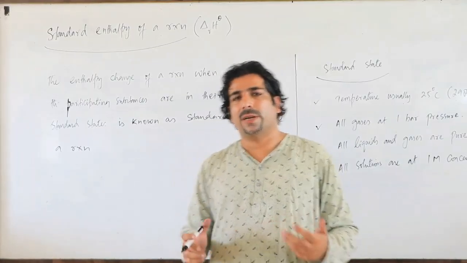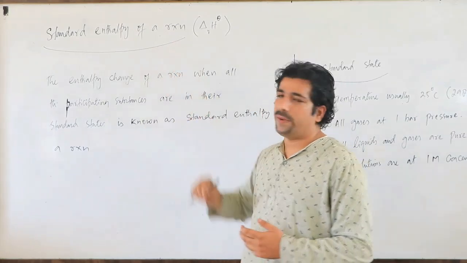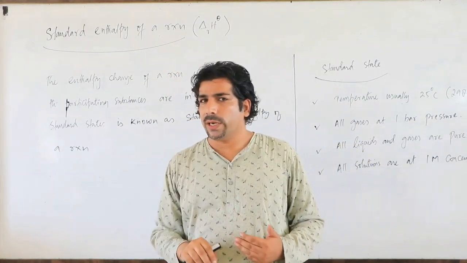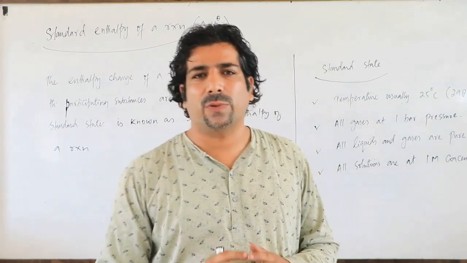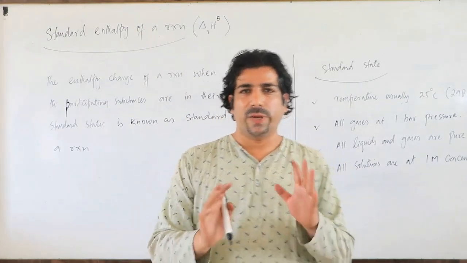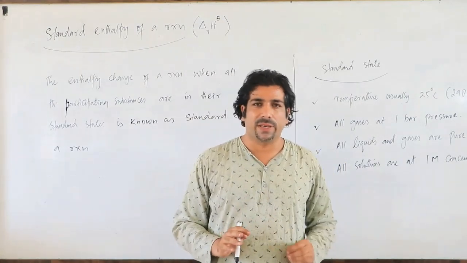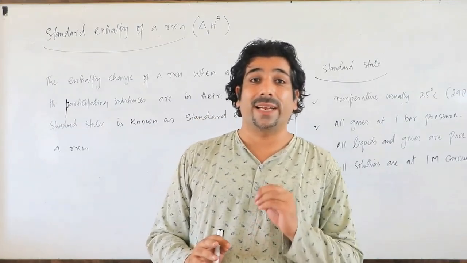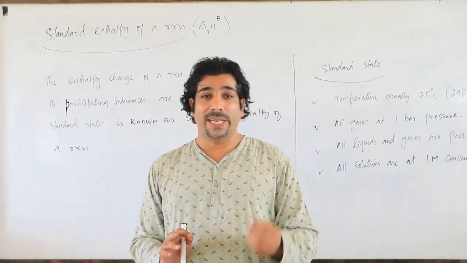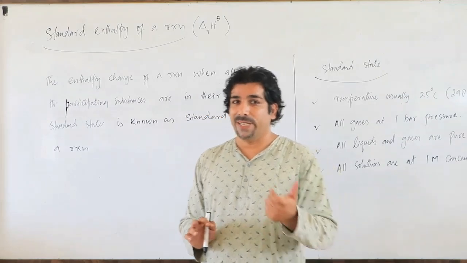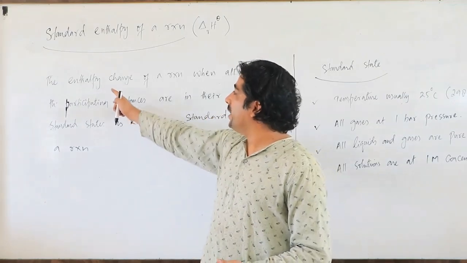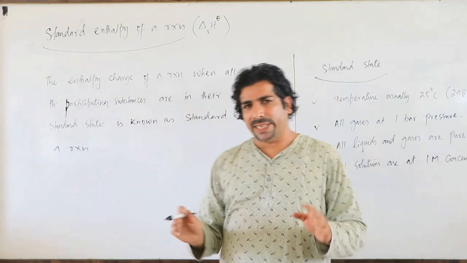Dear friends, let's talk now about the standard enthalpy of a reaction. Usually we were talking about the enthalpy of a reaction, that was delta HR, and we have discussed it in detail. Now we are talking about standard. So a new term has come, standard, and that's very important here. The enthalpy change of a reaction: the same thing is happening here.